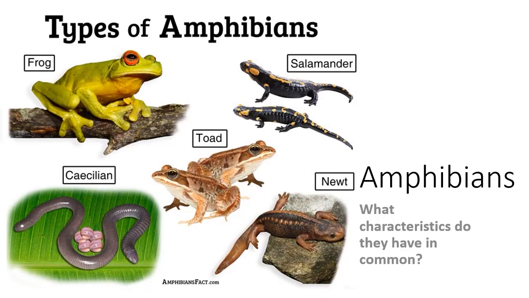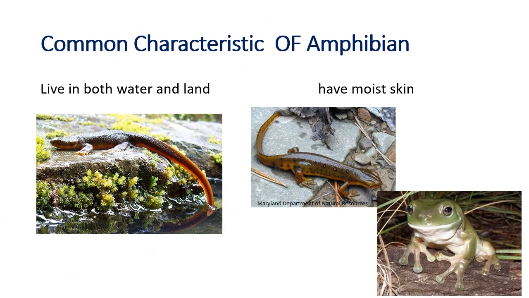Amphibians. What characteristics do they have in common? Can you tell by seeing the examples of the animals here? What do they have in common? The first common characteristic, of course, is that amphibians can live both in water and on land.